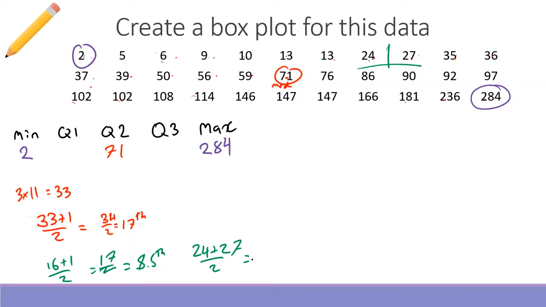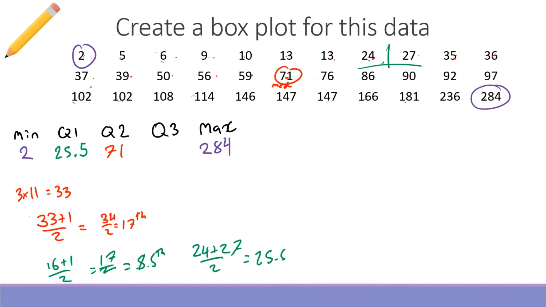I'm actually going to do this in the calculator because I'm going to make a mistake if I try and do this in my head. I was right, 25.5. That represents our lower quartile because it's the middle of the lower half.